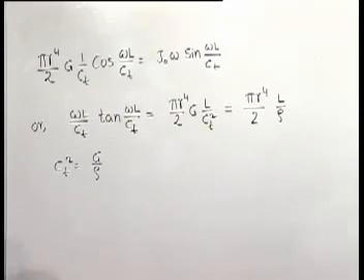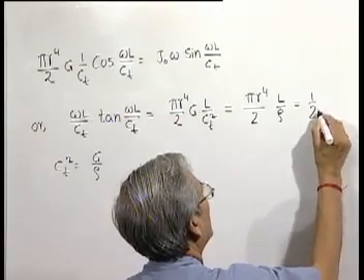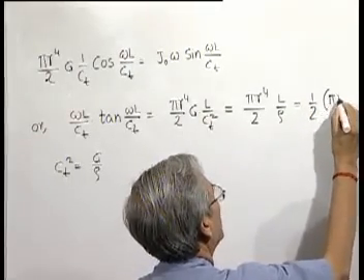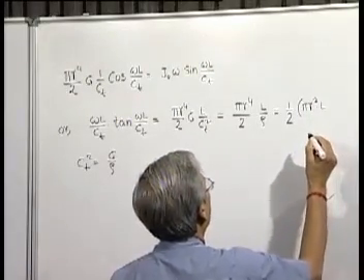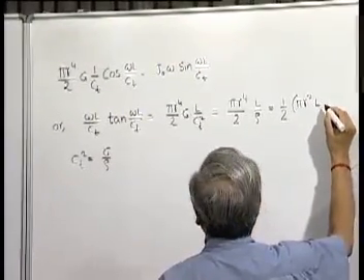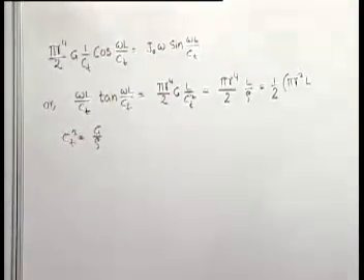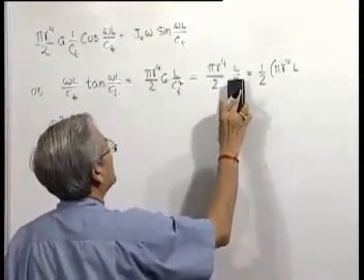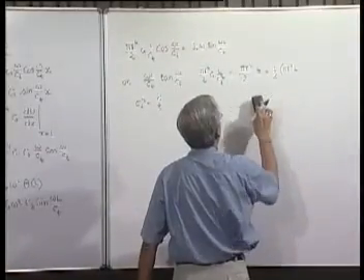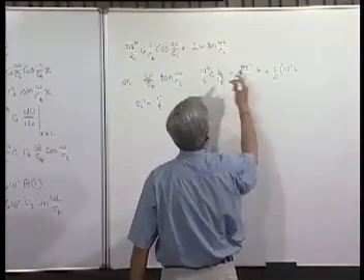Now how much is this? This will be half pi r square into L, square G by rho should go.